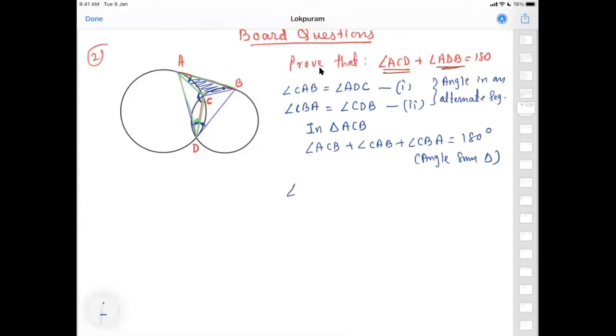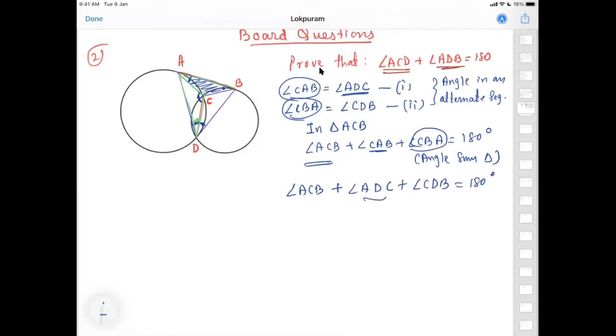Now we can keep angle ACB as it is. Plus, you can replace angle CAB with angle ADC, and you can replace angle CBA with angle CDB, equal to 180 degrees.